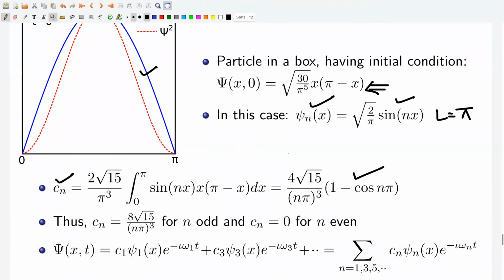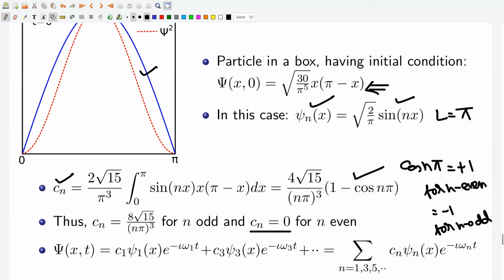Now you know that cos of n pi is equal to +1 for n even, and this is equal to -1 for n odd. Thus, the even terms will cancel out and the odd terms will turn out to be like this.